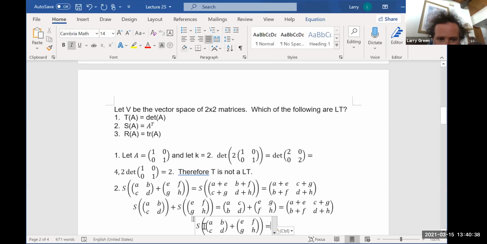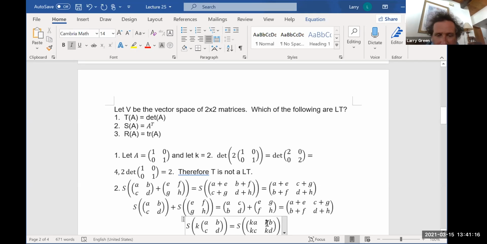So we're going to take S of K times ABCD. But that is equal to S of KA, KB, KC, KD.